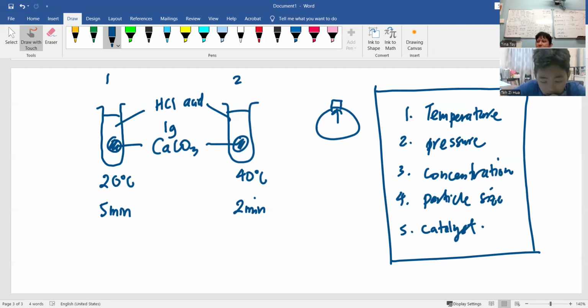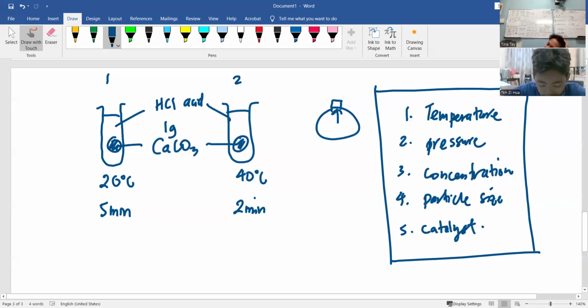Powdered sugar and rock sugar, which one dissolves faster? Powdered sugar. So the smaller the particle size, the powder will dissolve faster. Can you understand?